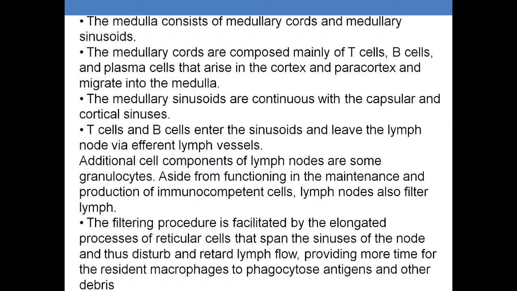The filtering procedure is facilitated by elongated processes of reticular cells that span the sinuses of the node and thus disturb and retard lymph flow, providing more time for the resident macrophages to phagocytose antigen and other debris.